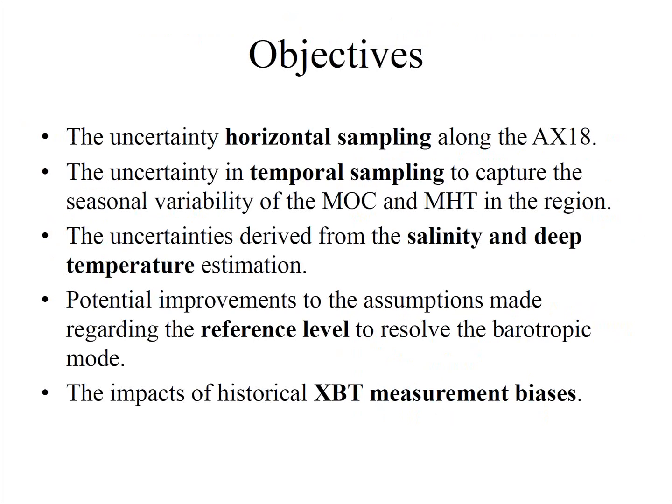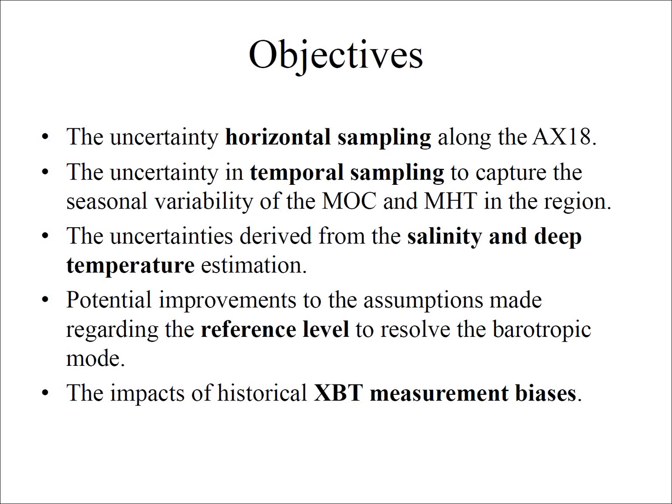So the objective for this talk is to focus on a few examples of the uncertainties that we addressed. One, the horizontal sampling, and the temporal sampling, especially on the seasonal cycles. The first figure shows one of the aspects that we care about.